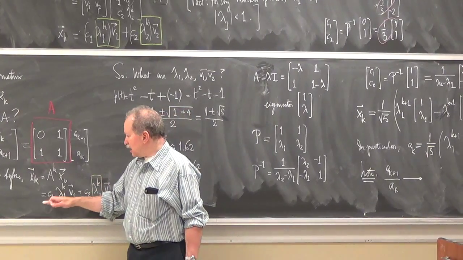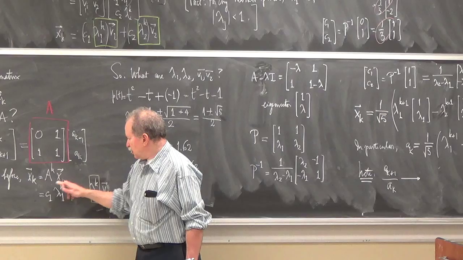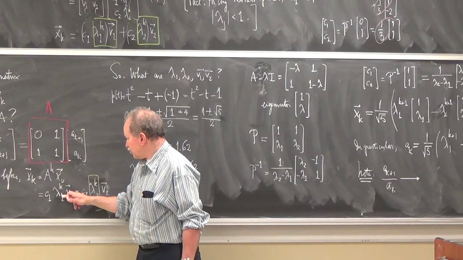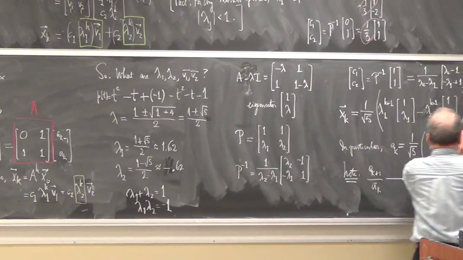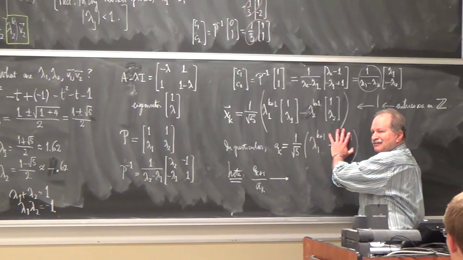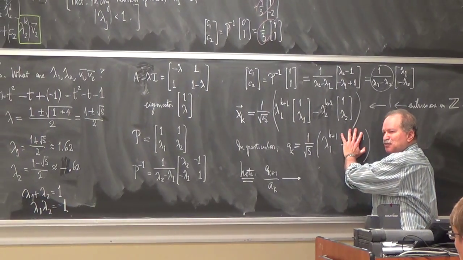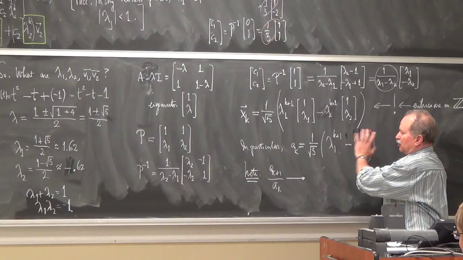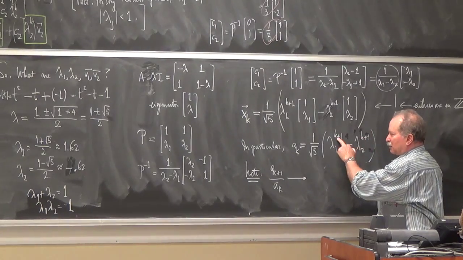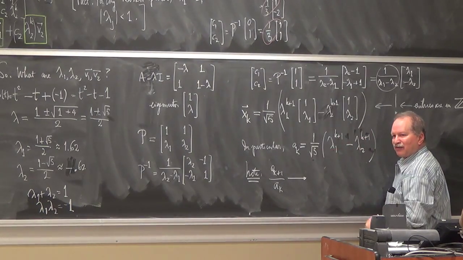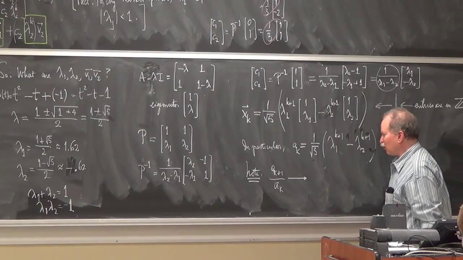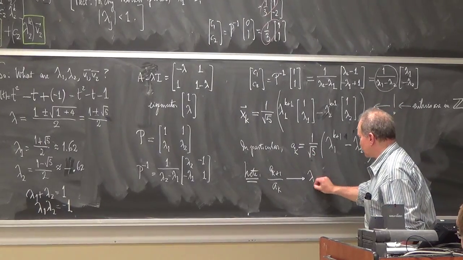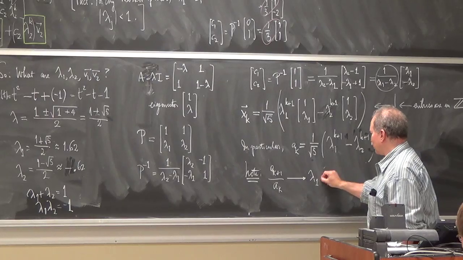So basically, a sub k for large k looks like this formula. Asymptotically, this is going to 0. So it looks like the k plus first power of lambda 1 over root 5. So if you take the ratio of two consecutive ones, of course, it just goes to lambda 1, which is the golden ratio.